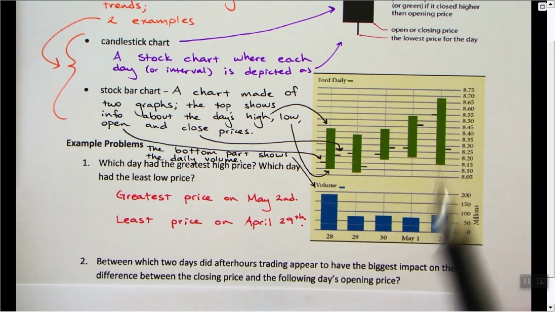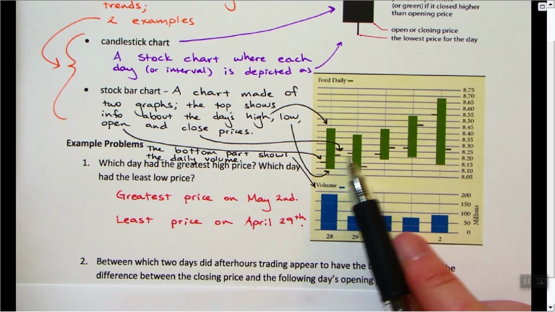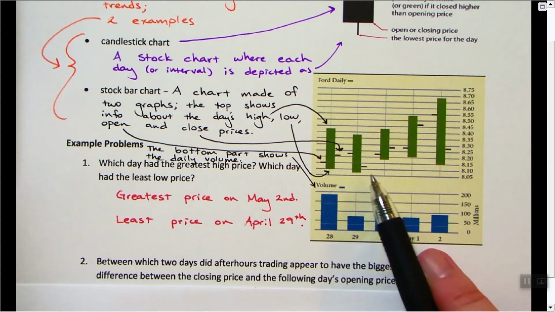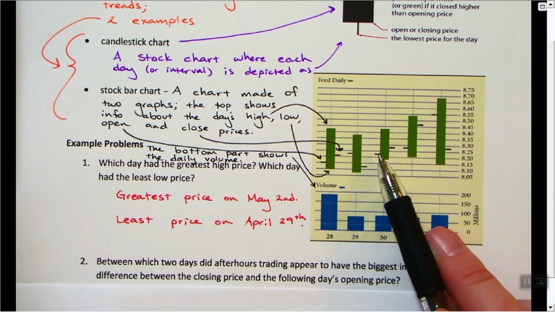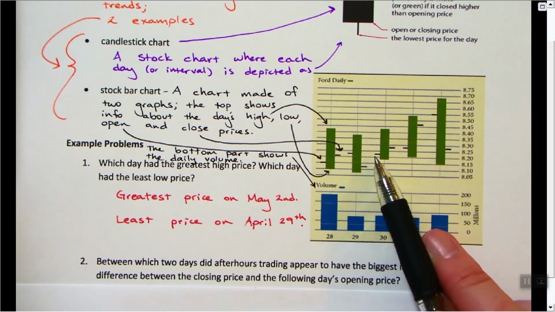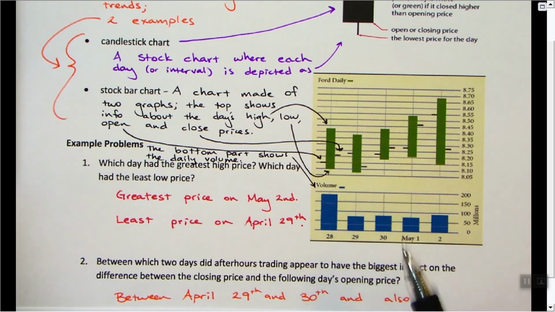I don't know exactly, but this didn't change a whole lot. Between this closing and opening, didn't change a whole lot. Here, right here, it did change. So this price to this price, that's a pretty big jump, right? From this day's closing to this day's opening. So these after-hour trades did make a big impact. That's one of them, between April 29th and 30th.